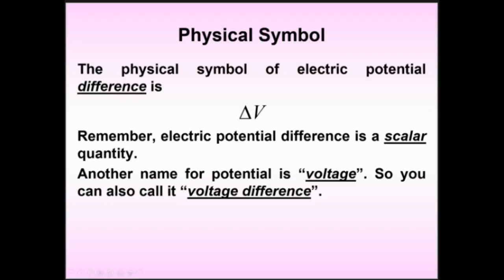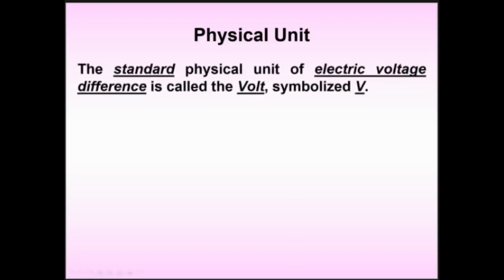Okay, we're good? All right. What's the unit of voltage? I think it's the only thing in physics where the name and the unit are the same. Voltage is measured using volts, capital V. So the standard physical unit of electric voltage difference is called the volt, symbolized capital V, because it's actually the name of a person, an Italian physicist, Alessandro Volta.